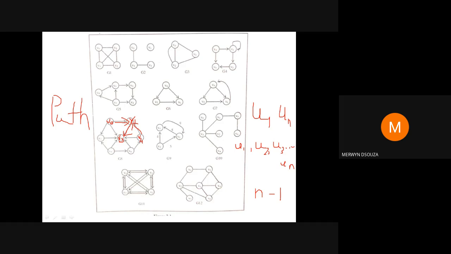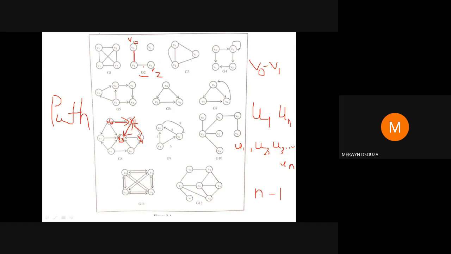Okay, let me show you an example. So suppose I want a path here in this graph from V0 to V2. Then I would name this path. It's a sequence of vertices. So I would start from here and I would find one path. I would go from V0 to V1. So I would write here V0 dash V1.